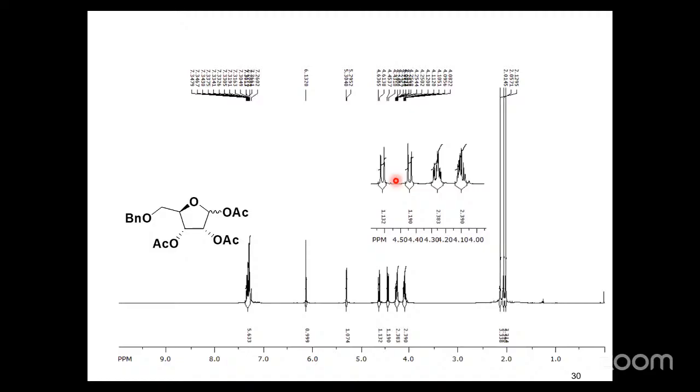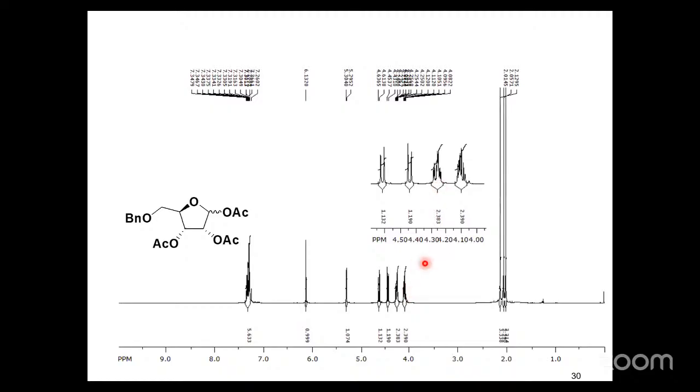This is the H1 NMR of the molecule which was synthesized in my lab. So we can predict this H1 NMR by using parameters like the integration, chemical shift, then we have the coupling constant.